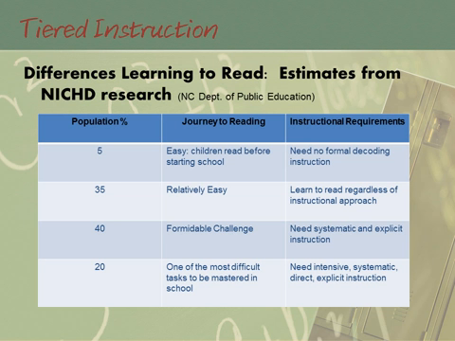And it's the remaining 20% that may need Title I services or may need assessment and referral to special education. Those are the children for whom reading is most difficult, and they are likely to need intensive, systematic, direct, and explicit instruction. However, the other 80% may do really well with something like tiered instruction.